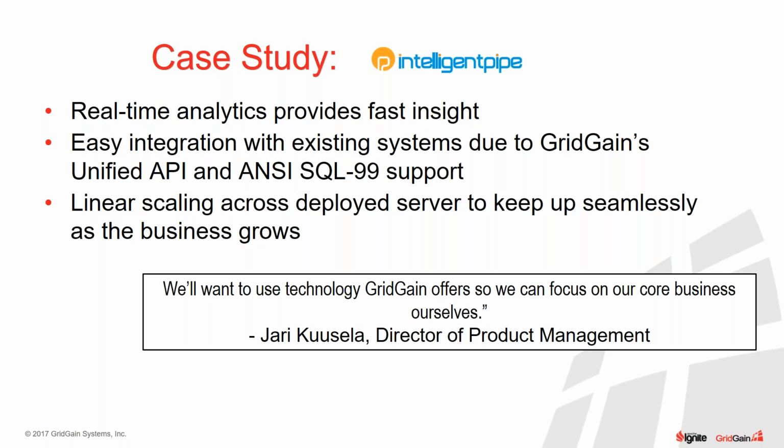Here we get to a bottom line statement: we want to use the GridGain technology so that we can focus on our core business ourselves. And that's one of the essences I talk about again and again with in-memory computing: it solves a lot of infrastructure problems, specifically those around performance and scalability.